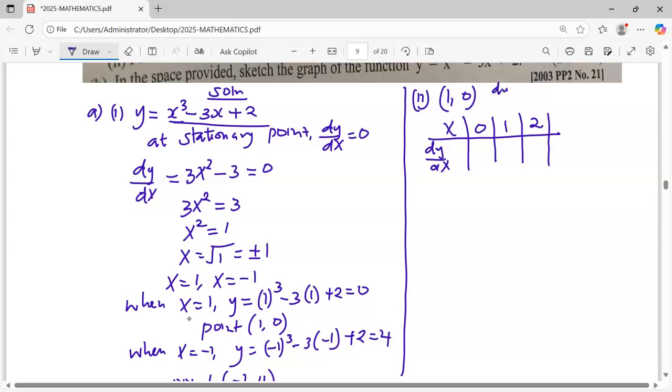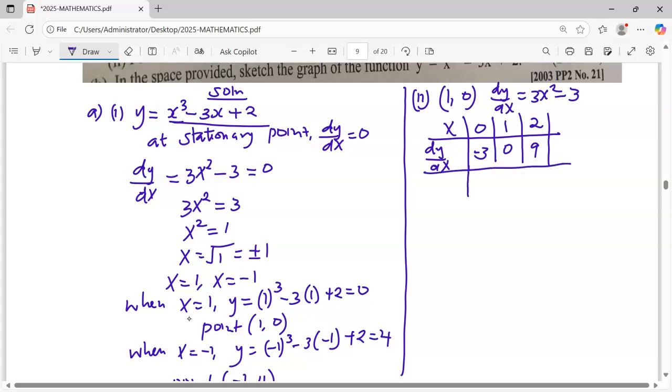And the dy over dx is 3x squared minus 3. So when x is 0, we are going to have 3 times 0 squared minus 3, giving us negative 3. When x is positive 1 at stationary, the dy over dx will be 0. And when x is positive 2, we are going to have 2 squared, which is 4 times 3, 12 minus 3, giving us 9.